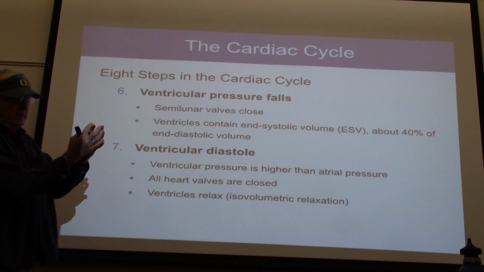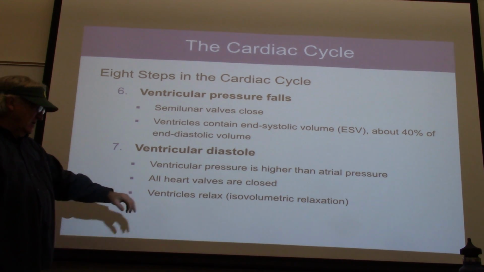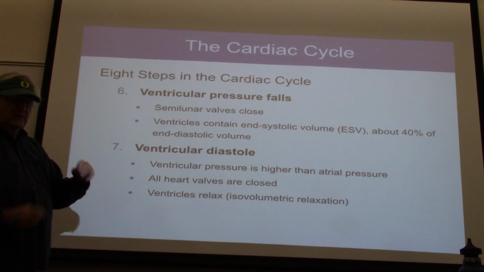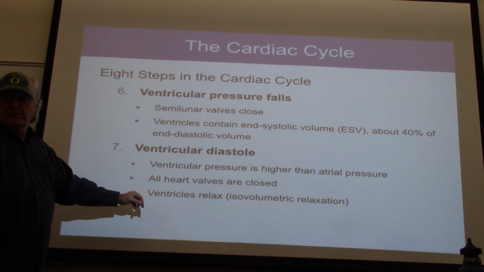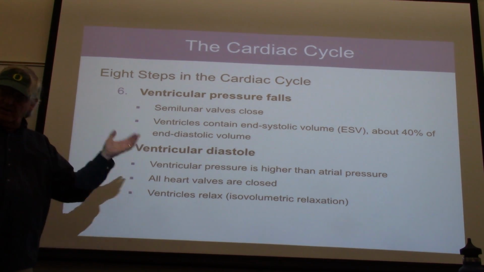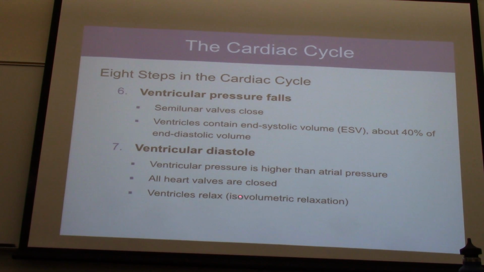The ventricles have already contracted and completely pushed it out as much as it's going to, and now the ventricle starts to relax. But before it relaxes too much, as it starts to relax, it drops the pressure. Pressure starts to drop, but yet the heart hasn't started to refill. So in other words, it's called isovolumetric. The volume isn't changing because there's no blood going in or out.